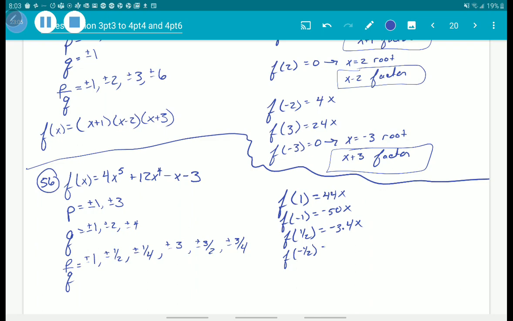Well, negative 1/2 is negative 2.6. Sorry, that doesn't work. Let's try 1/4. Nope. Negative 1/4. Nope.